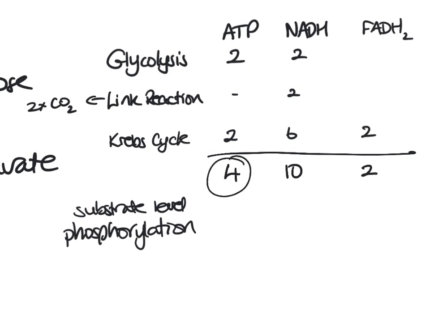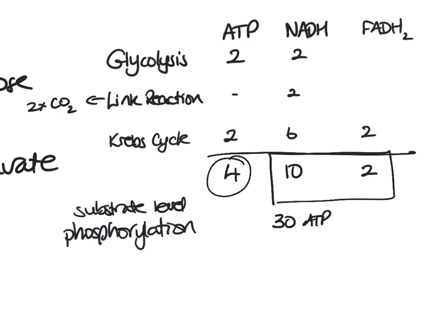So where do those molecules go? Electron transport chain. For every NADH that carries hydrogen to the electron transport chain, how many molecules of ATP do you get? 3. So that's going to give us 30 ATP.